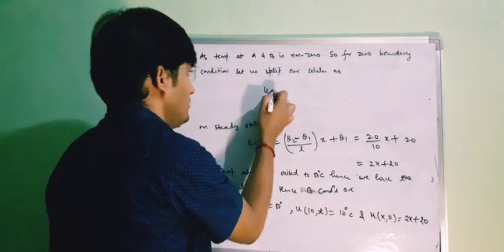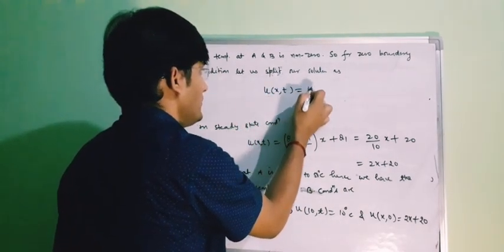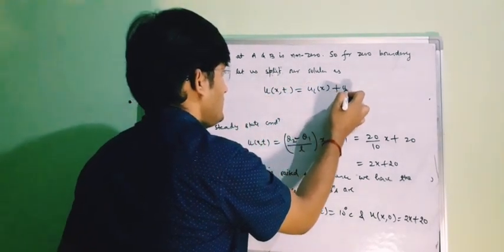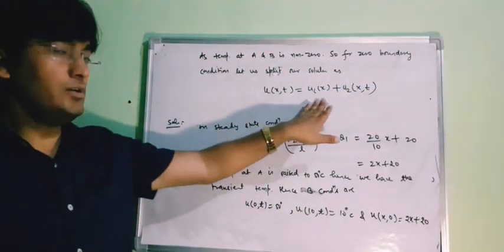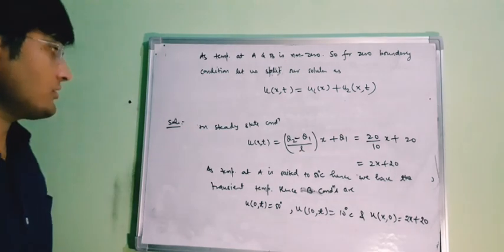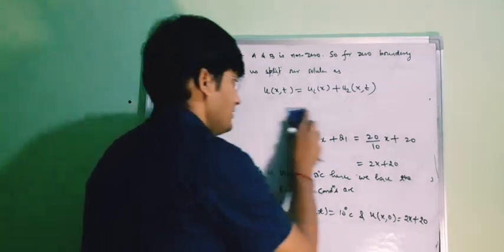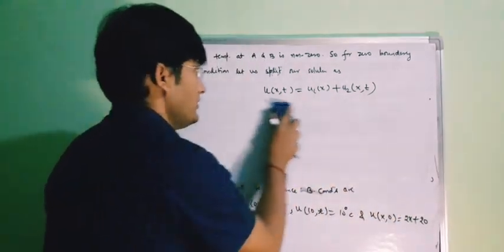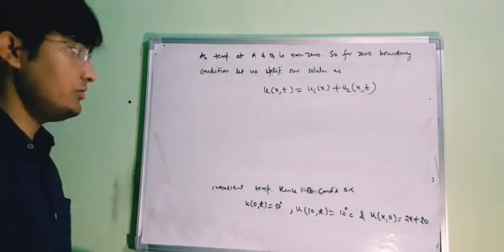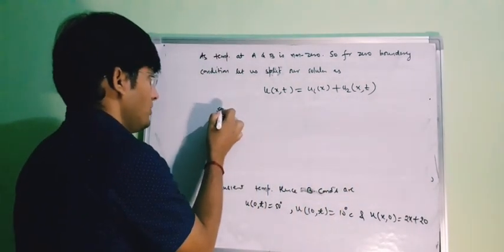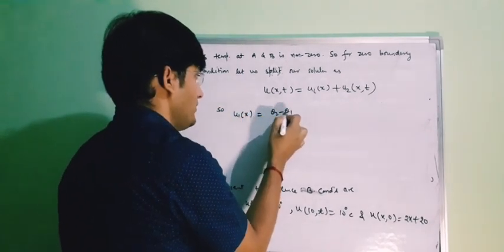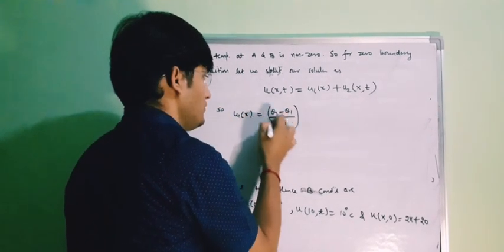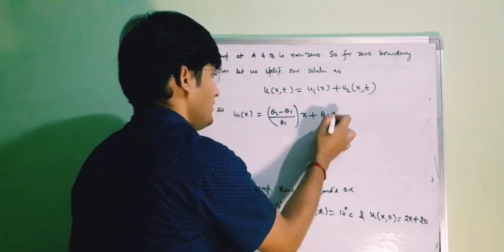So for zero boundary condition, let us split our solution as u(x,t) equal to u1(x) plus u2(x,t). Now your u1(x) will be the steady state temperature. So u1(x) is (theta 2 minus theta 1) divided by L, into x, plus theta 1.